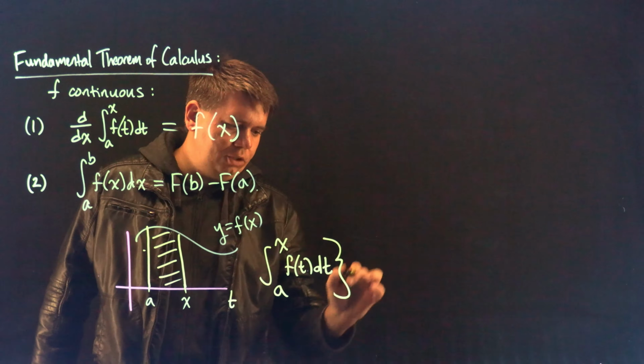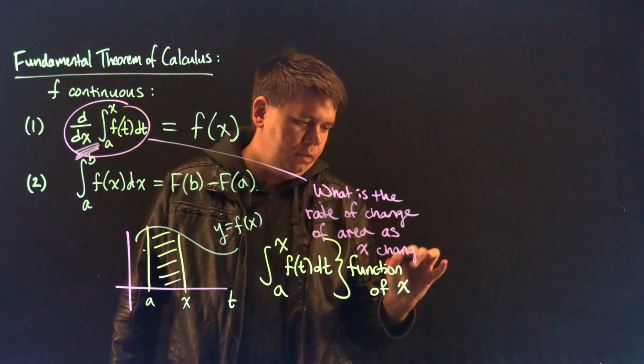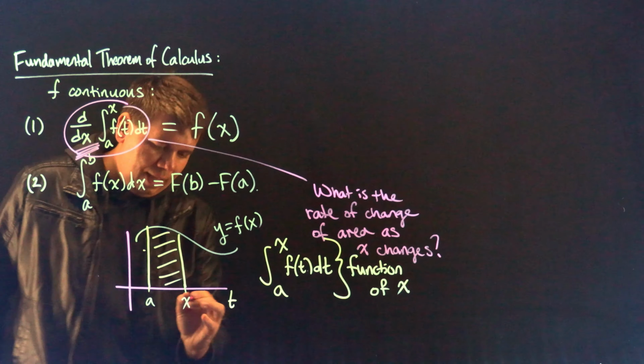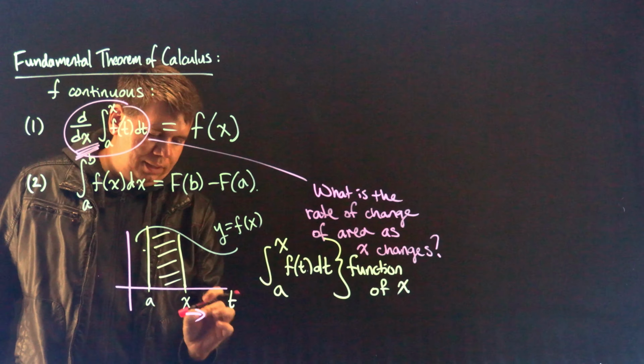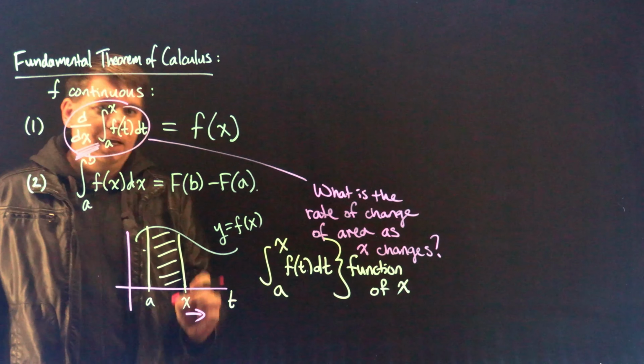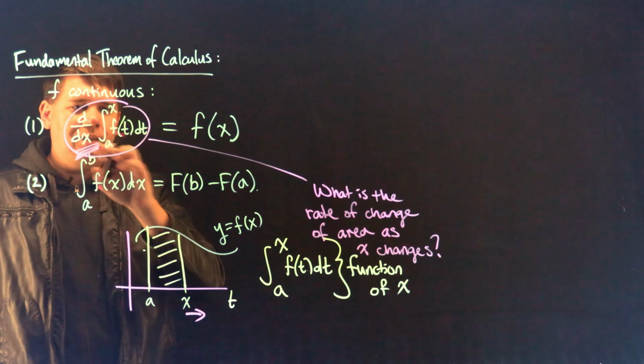What is the rate of change of this area as x changes? It's just asking, as x moves over to the right, or as x moves over to the left, but as you think about x increasing, as x grows, how much is this going to grow by?